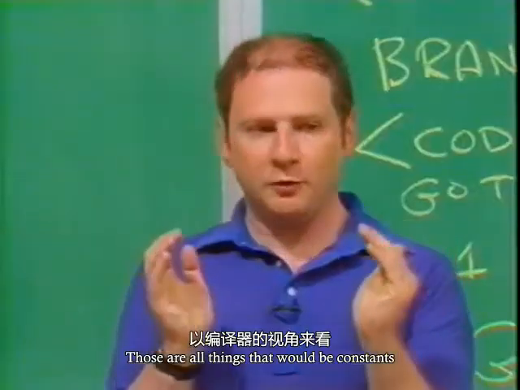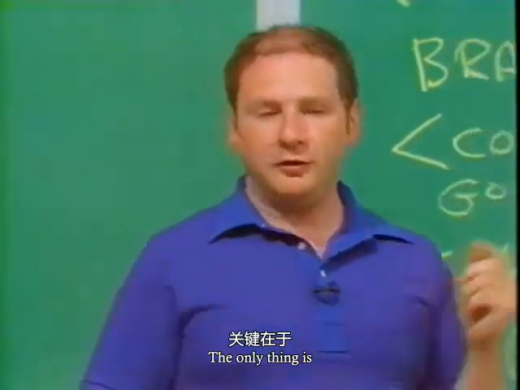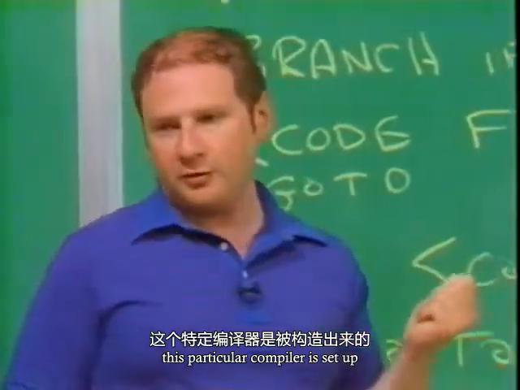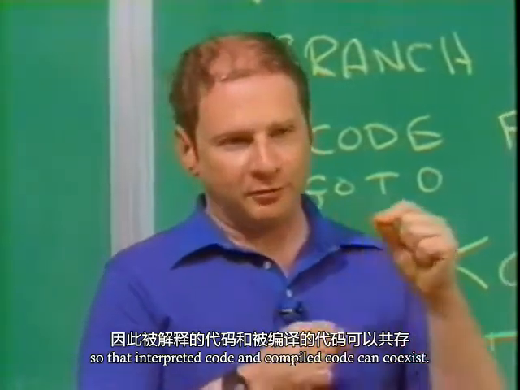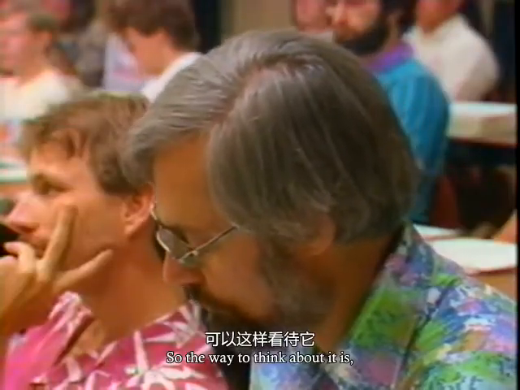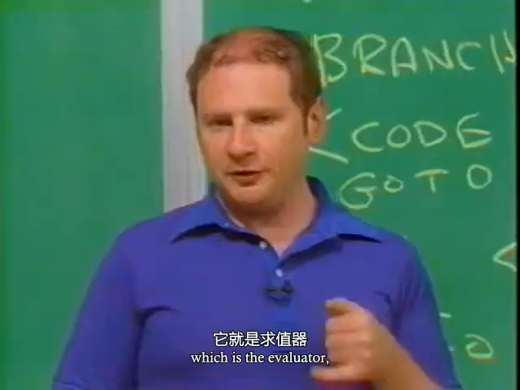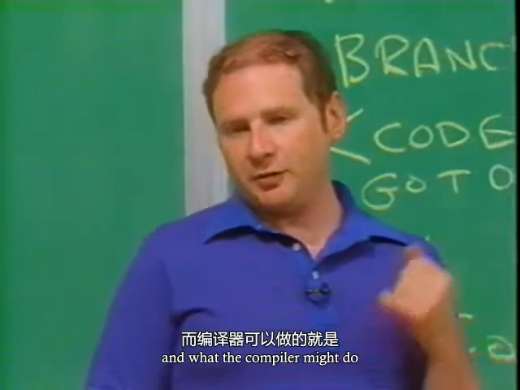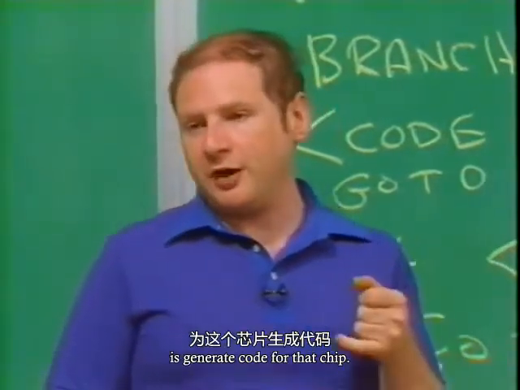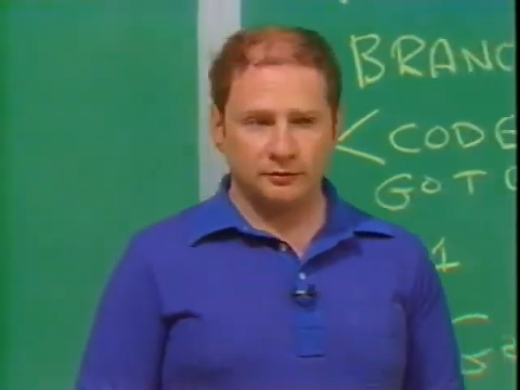Those are all things that would be constants from the point of view of the compiler. The only thing is this particular compiler is set up so that interpreted code and compiled code can coexist. So the way to think about it is maybe you build a chip, which is the evaluator, and what the compiler might do is generate code for that chip. It just wouldn't use two of the registers.